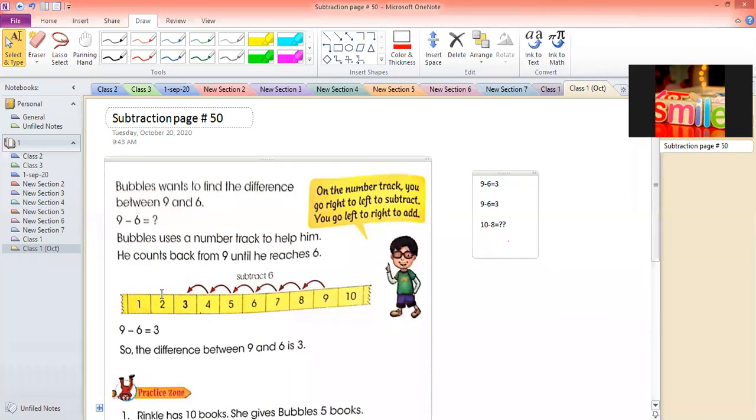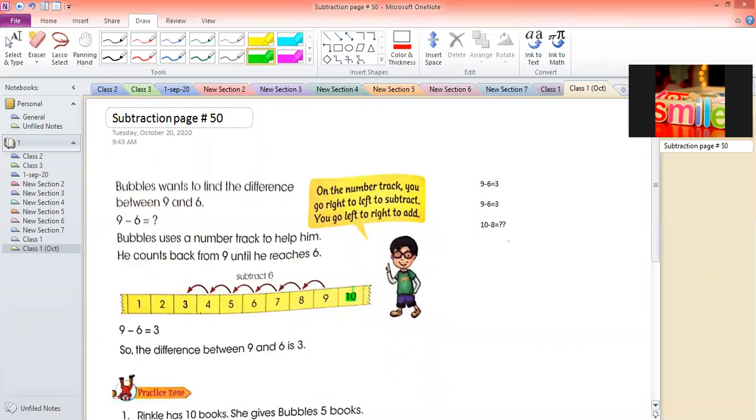And another, easy option is to go back until you reach 8. So this is 10. You start going back. This is 9. And this is 8. So on the second step, you will find 8. You go back until you reach 8, because you have to minus 8.